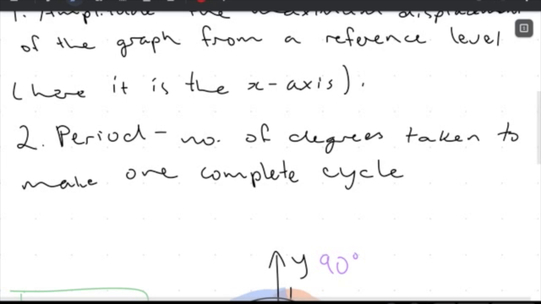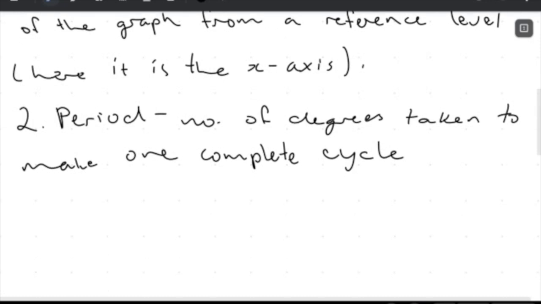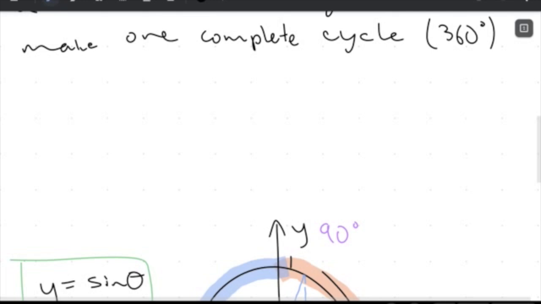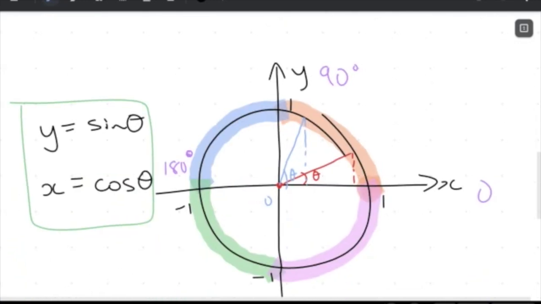Now, that speed at which the graph goes around is what we call the period, the number of degrees taken to make one complete cycle. And that's pretty much it for today. So the period here was 360 degrees because we were looking at just a regular unit circle here.